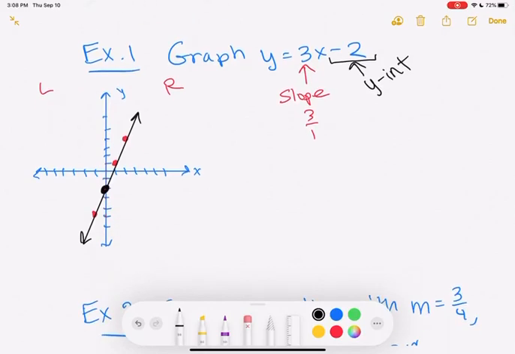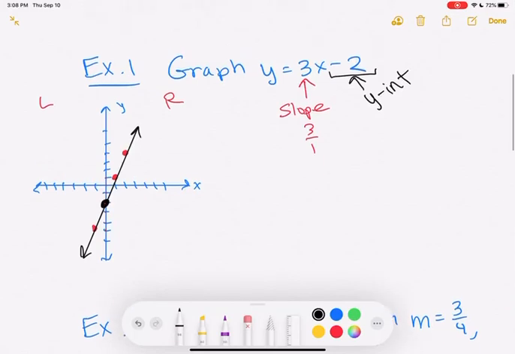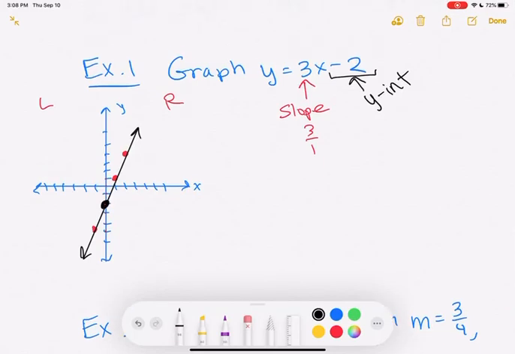And one other little thing I was going to mention here is that if you wanted to do a test point, you can. I'll just put that optional. This is just to make sure that your graph is correct, is that you can choose a point. So let's just write check a point. And for no particular reason, I'm going to choose this.